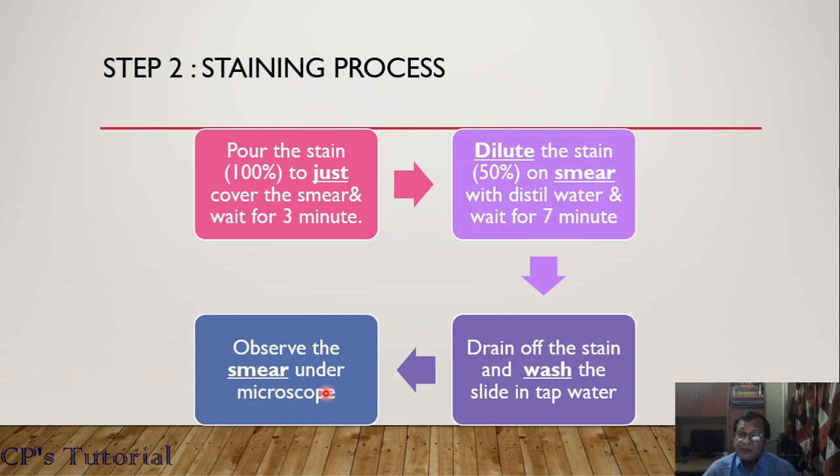Now, what will be the color? Two functions you have to mention. First function, when the smear is being stained. The second step, when the smear is matured, the smear is completed, staining is completed, then the stained material will have a metallic vision, or the metallic color.